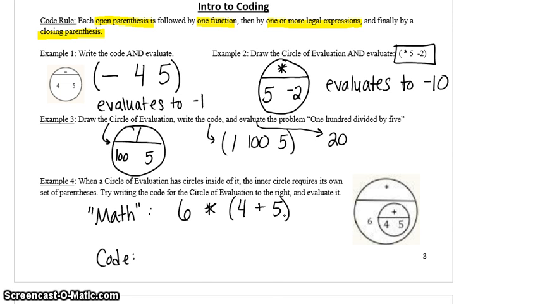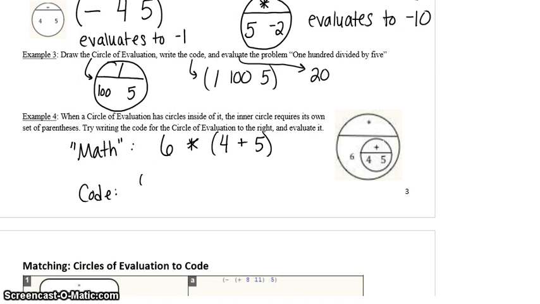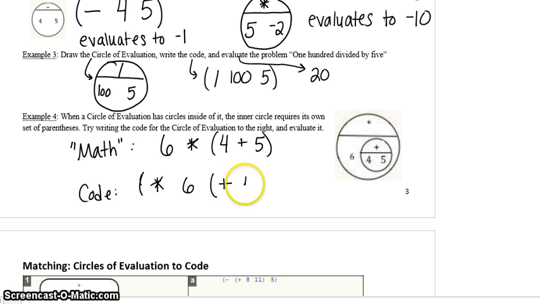So in code, we need to begin with an open set of parentheses, first writing the main function, which in this case is multiplication. Leave a space. Our first input is 6. Leave a space. And our second input is a circle of evaluation in and of itself. So it needs its own set of parentheses. Function first, we're adding. Leave a space.